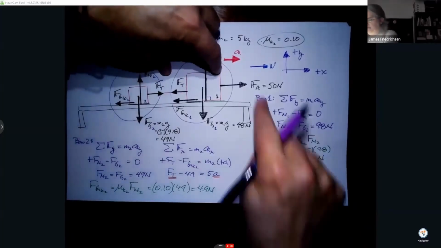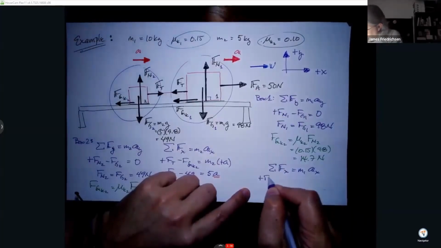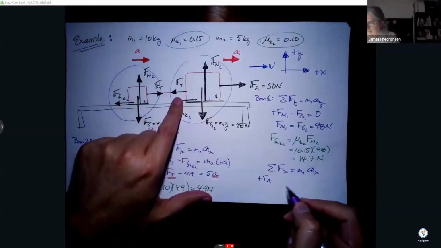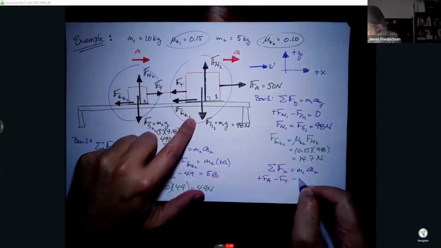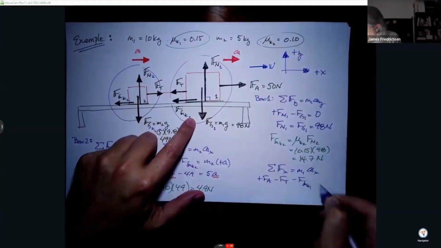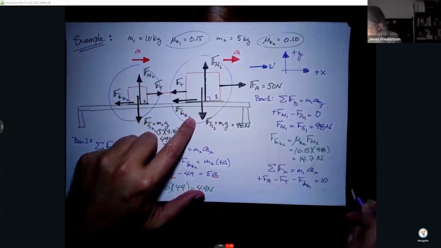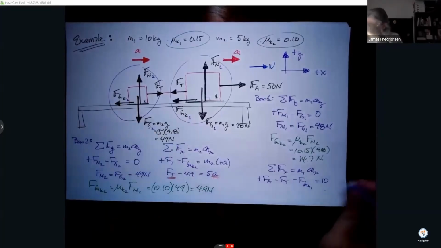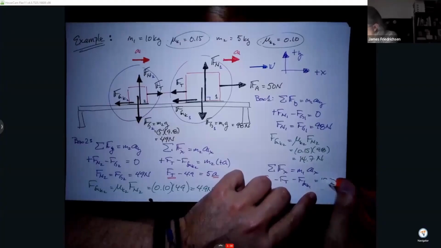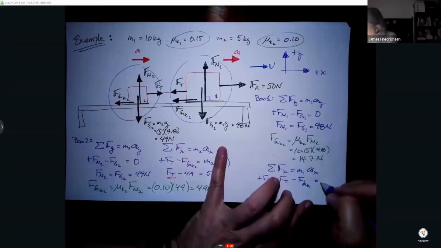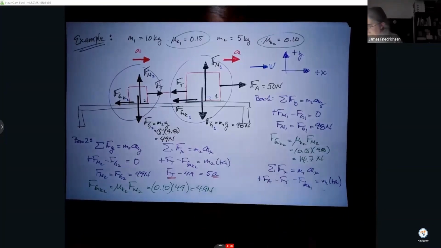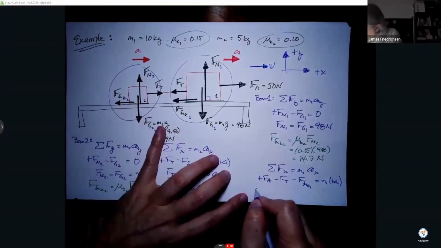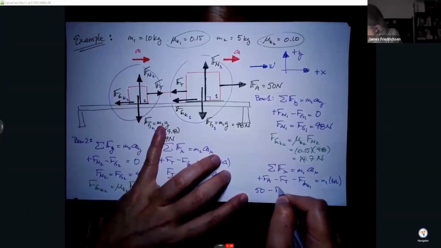In the x direction, I've got the applied force minus the tension minus the friction equals my 10 kilogram box. I'm just going to call it M1 times plus A, and I'll put the number in the next line. We know the applied force is the 50 newtons.